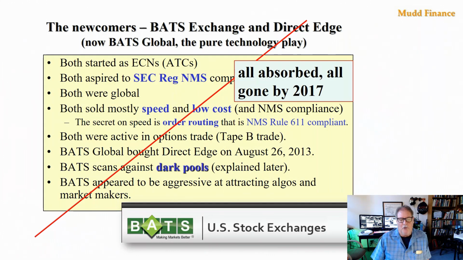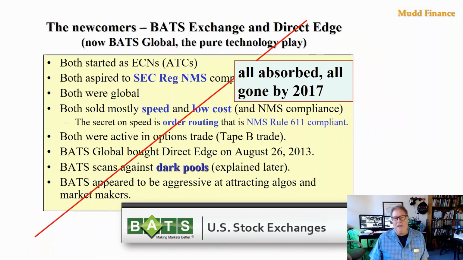And so this is an old slide where I described how they worked. BATS Exchange and Direct Edge and all of those began to appear. Instinet was already there. But then they both, as I say here, expired at SEC Reg NMS. And then BATS bought Direct Edge, and Direct Edge expanded to B-Tape and so forth, on and on.